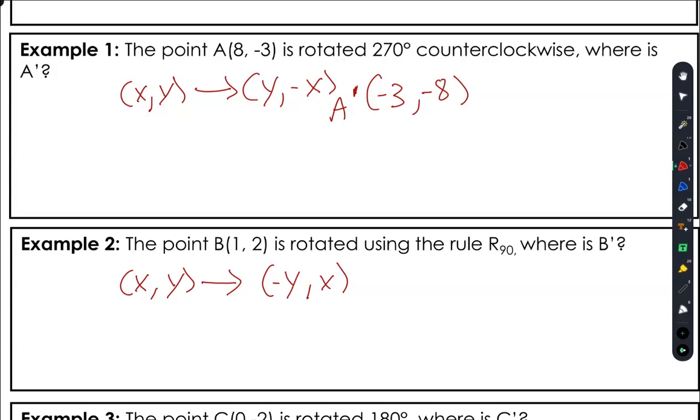So we've got the 1 and 2, and what we're going to do is swap them. First I'm going to swap them, and it's going to be my B prime. So I'm going to put the 2 here and the 1 here. And since I need to change the sign of the Y, that's the one I'm going to change. So I'll make this 2 negative.